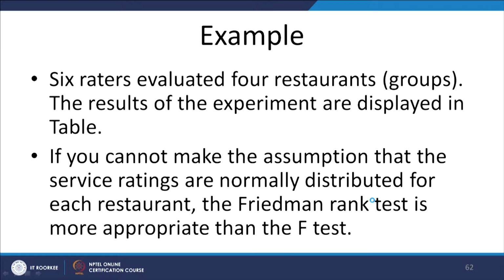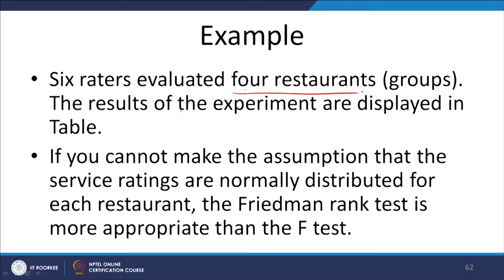Now, let us take this example. 6 raters means there are 6 people who are experts, evaluating 4 restaurants. The results of the experiment are displayed in a table, the next table I will show you. They are rating the restaurants and trying to say which restaurant is better than the other.